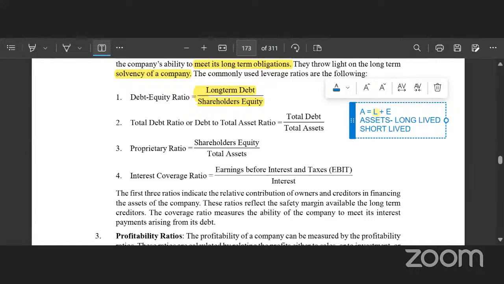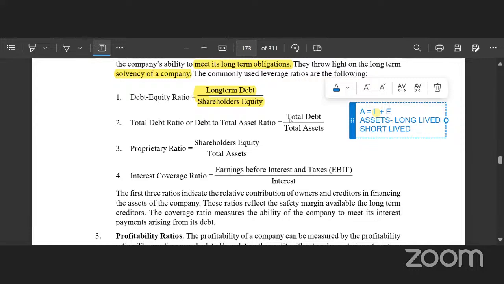Long-lived liabilities are non-current liabilities and short-lived liabilities are current liabilities. So assets could be current as well as non-current, and the liabilities could also be current and non-current. So when I'm talking about debt to equity ratio, I'm taking only long-term debt to shareholders equity, which both are long-term.